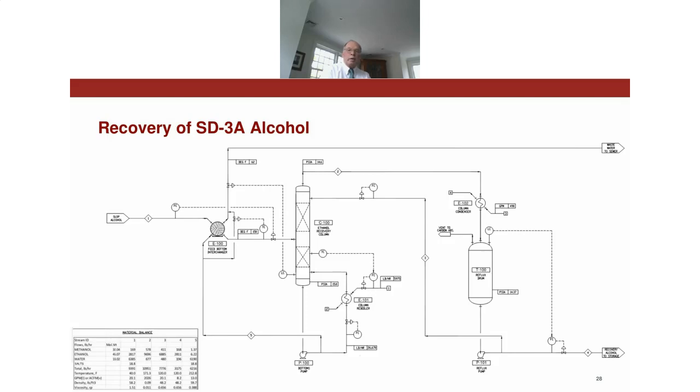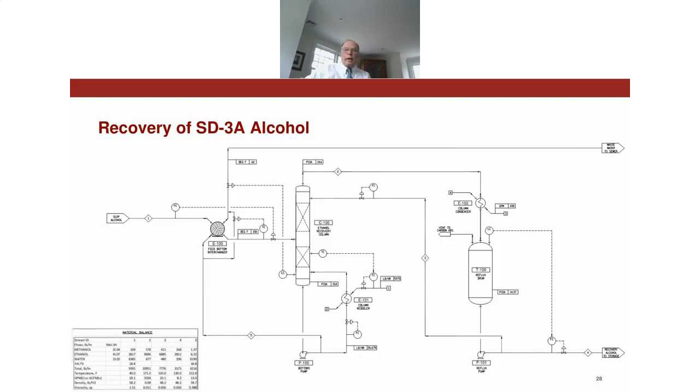We preheat it against the boiling water effluent that comes out of the bottom of the column. So we preheated the feed close to the boiling point, and we feed it into the middle of a column that has both rectifying stages and stripping stages. There's a lot more rectifying stages required in this separation than stripping stages.